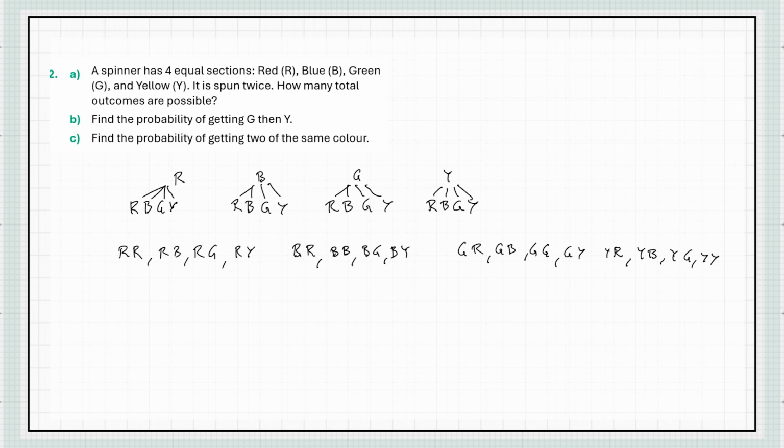So those are all outcomes. Now I know I was trying to save space, but obviously, if you do this in one line, it takes up a lot of room.